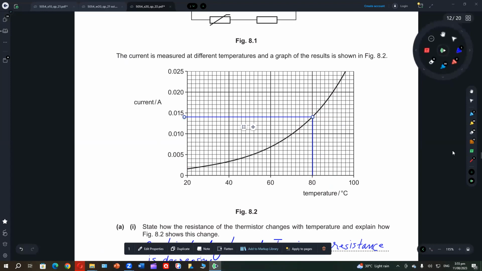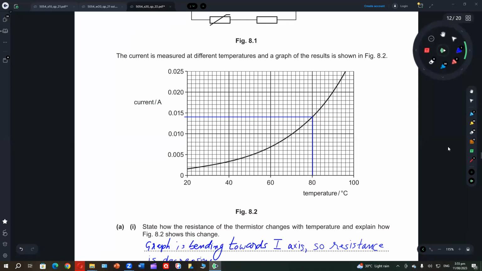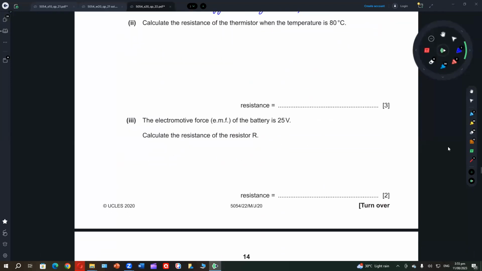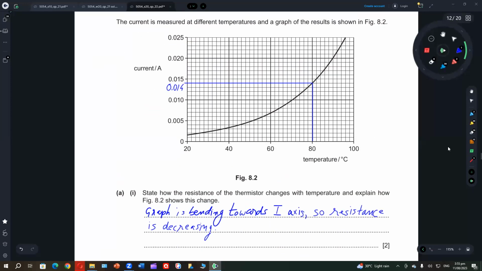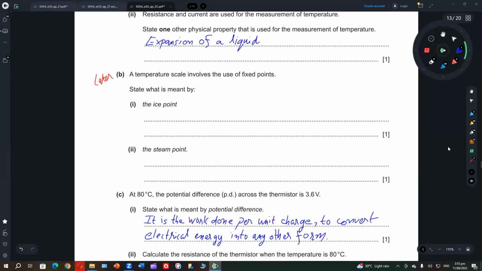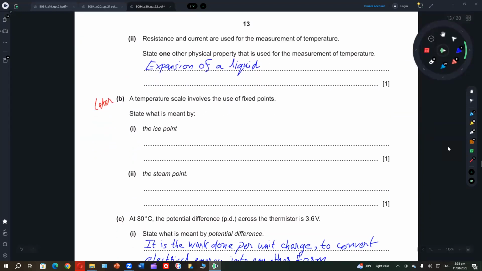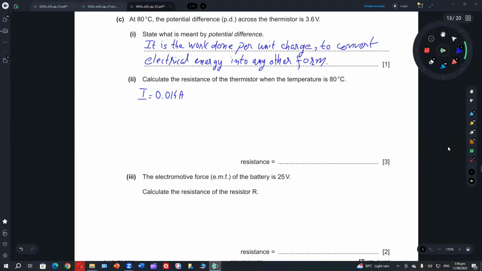It looks to be 0.014. Yes. 0.014 is the current. What is the voltage? 3.6. 3.6.